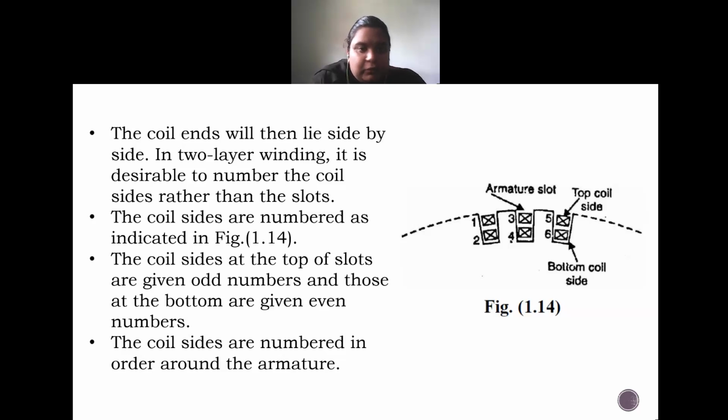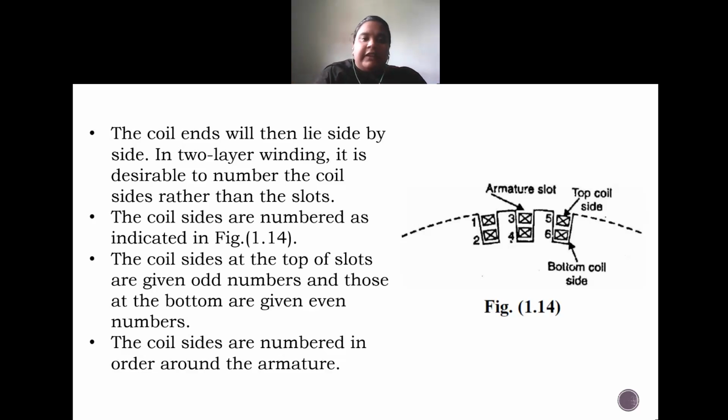In a two layer winding, it is desirable to number the coil sides rather than the slots. If you have only a single layer winding, then we can number the slot, since we know only one winding is in that slot, and we can understand where the connections are.